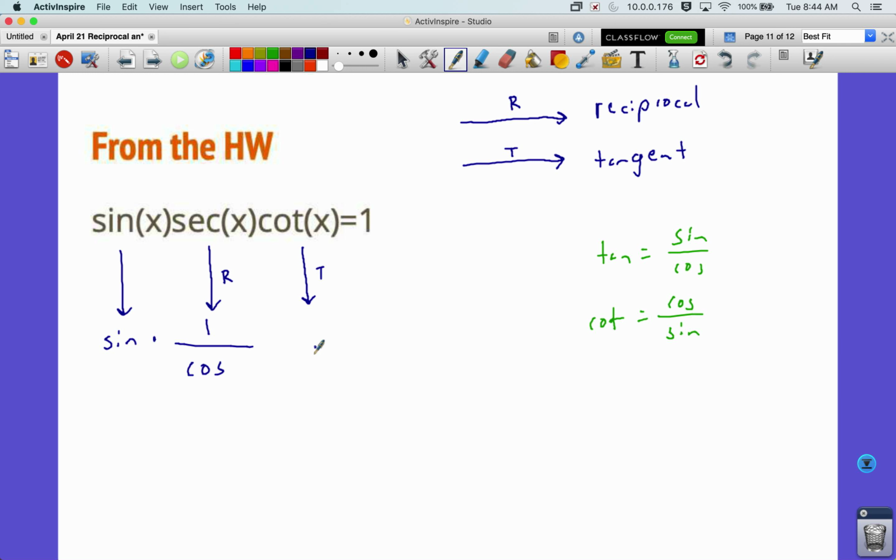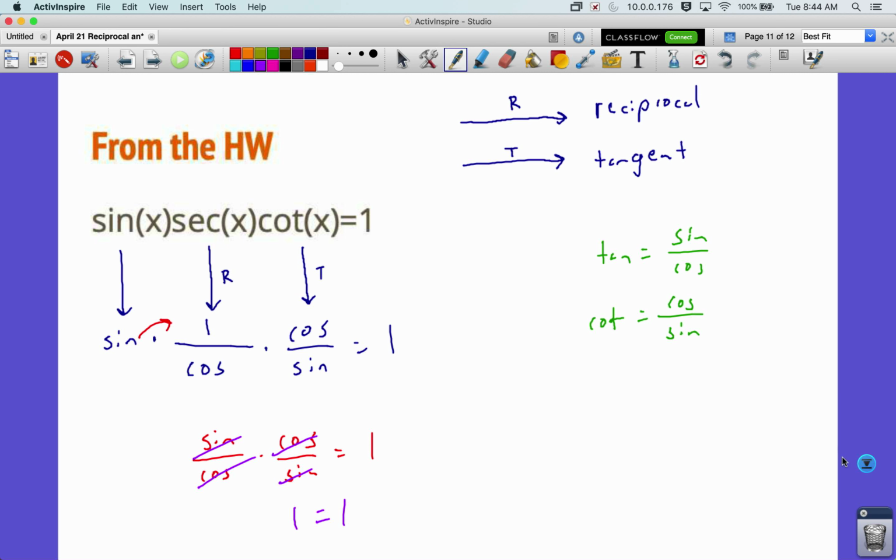I'll put a little T there, and I'm going to write this as cosine over sine equals 1. All right, the sine's going to go up top. I've got now sine over cosine times cosine over sine. We're going to cross cancel the cosines and the sines, and then we get 1 equals 1.